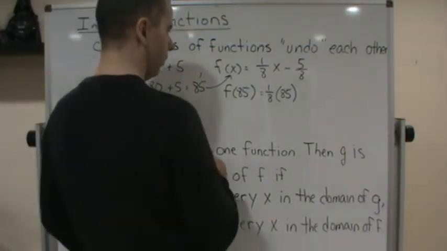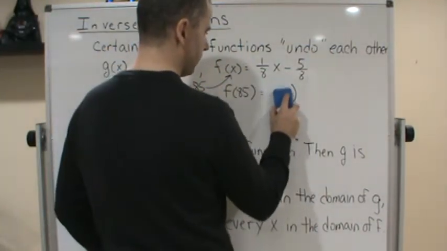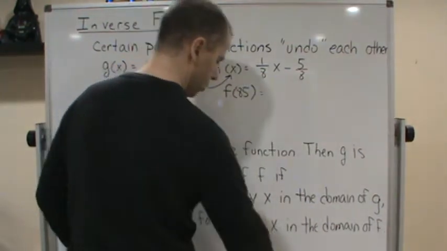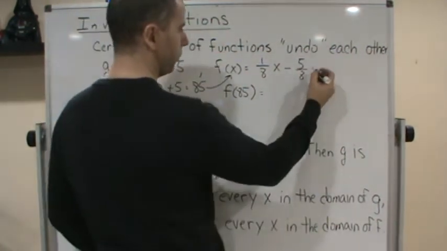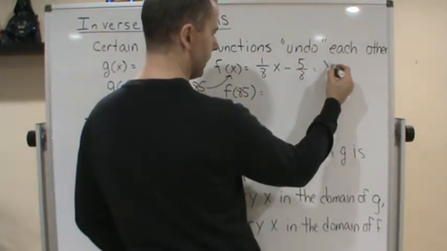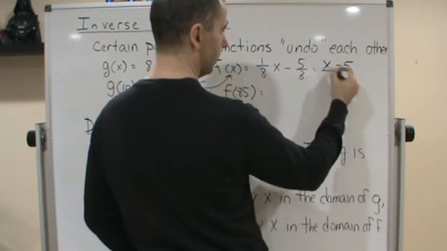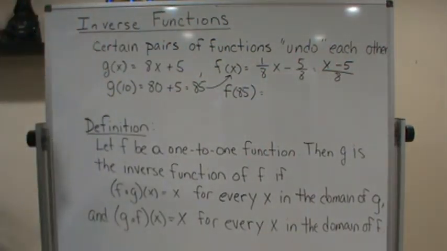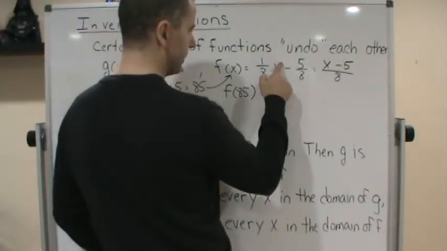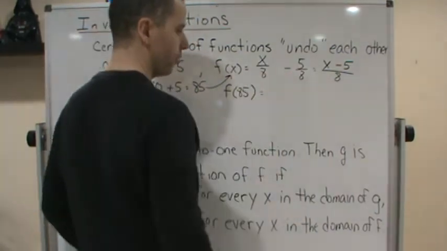I'm going to rewrite this function just to make it easier to do. Since it has a common denominator, I'm going to write this as x minus 5 over 8.